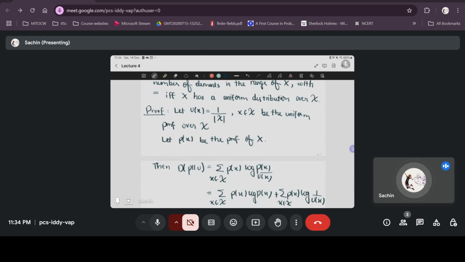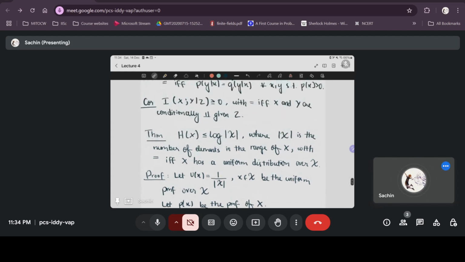So the shortest average description length h of x will always be less than or equal to log of cardinality of x, and it will also be less than or equal to log of the ceiling of cardinality of x.